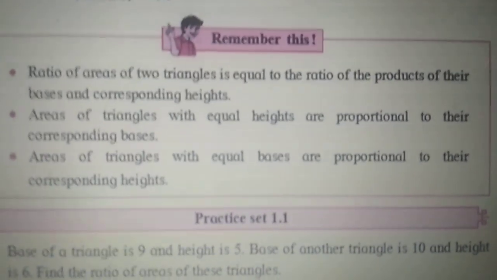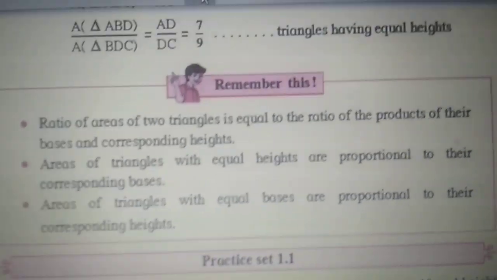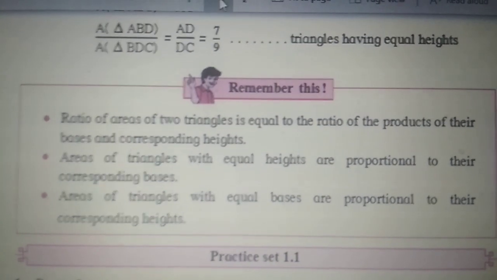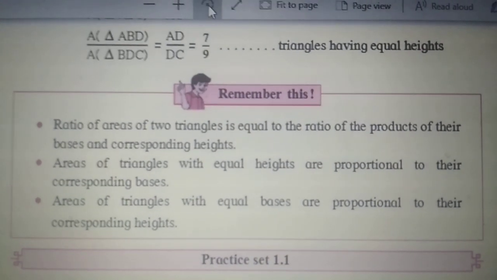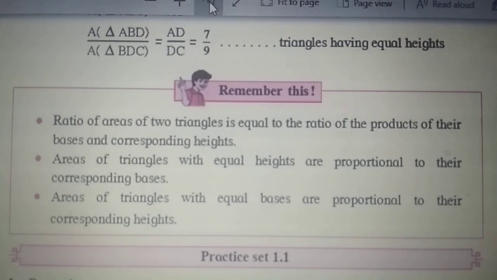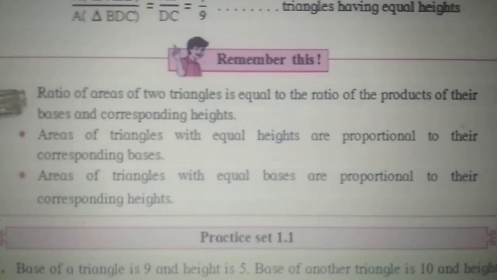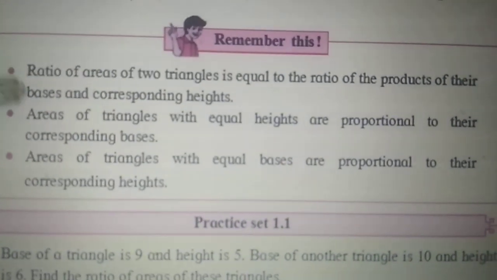You remember these three properties. The ratio of areas of two triangles is equal to the ratio of the product of their bases and corresponding heights: A1 upon A2 equals B1 into H1 upon B2 into H2.